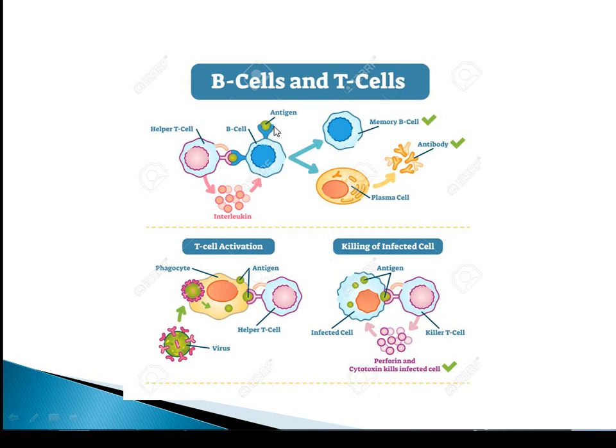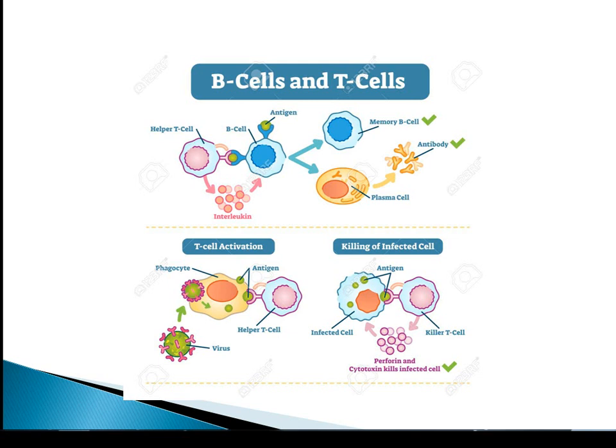So the antigen recognition receptor on the B cell is immunoglobulin M and D, and the Fab, or antigen binding fragment, projects into the external milieu. The Fc portion is affixed to the cell membrane by two transmembrane proteins.